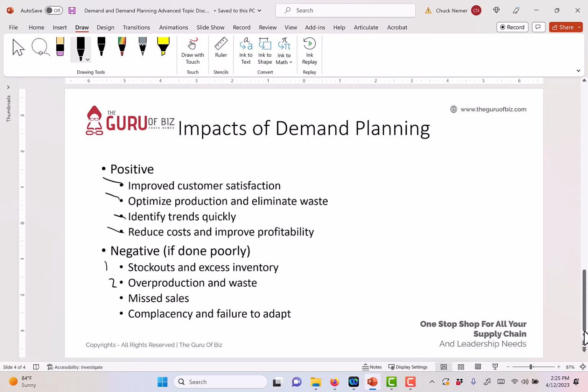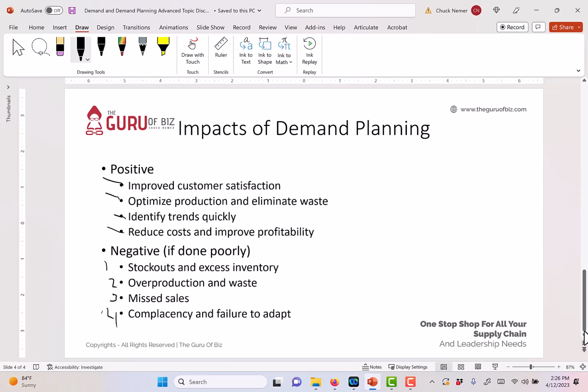Secondly, inaccurate demand forecasting can lead to overproduction, which will result in excess inventory and waste. Third, if we don't handle the volatility part of demand planning well, it can create significant challenges for businesses, particularly in industries with long lead times or complex supply chains, which can lead to missed sales opportunities or excess inventory costs.